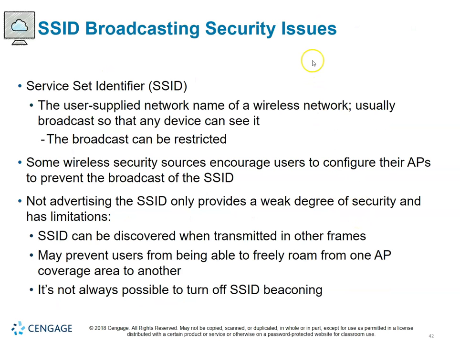So SSID broadcasting security issues. These are the potential problems with using SSID broadcasting. Some wireless security sources encourage users to configure their APs to prevent the broadcast of the SSID. That's the beaconing aspect of SSID.